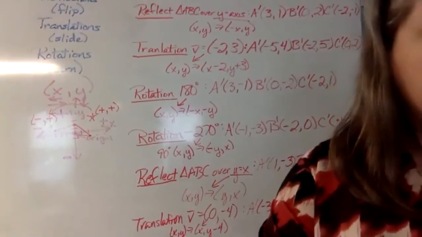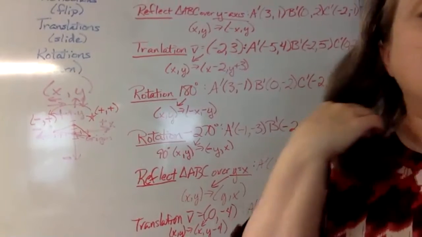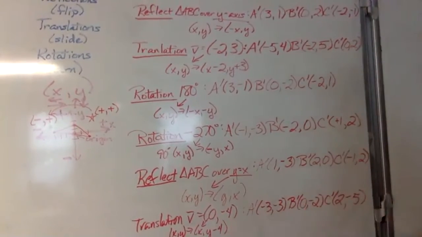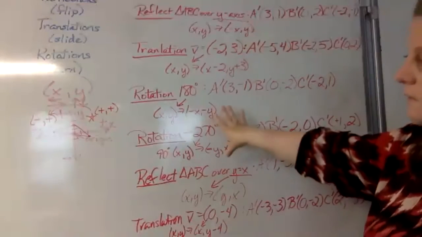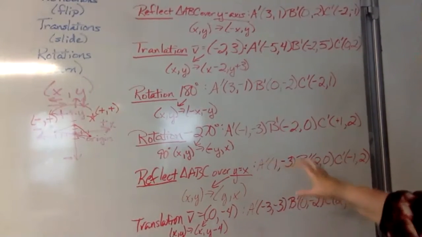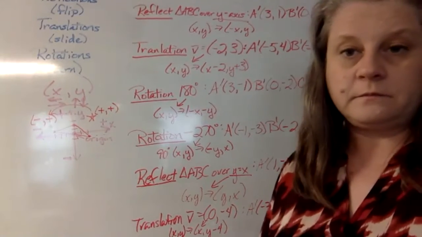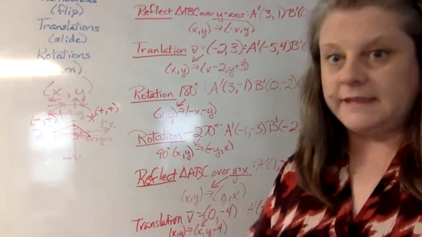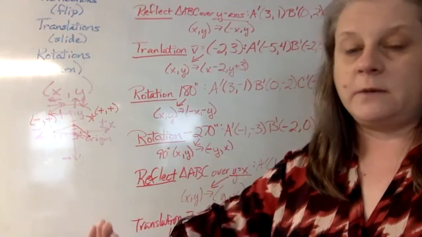Because what I'm going to do is I'm going to give you coordinates of a triangle, and I'm going to ask you to do certain things with it. Different reflections, different rotations, or translations. And all you're having to do is find me your new coordinates, okay? That's it. Okay, so hopefully this should be an easy quiz.